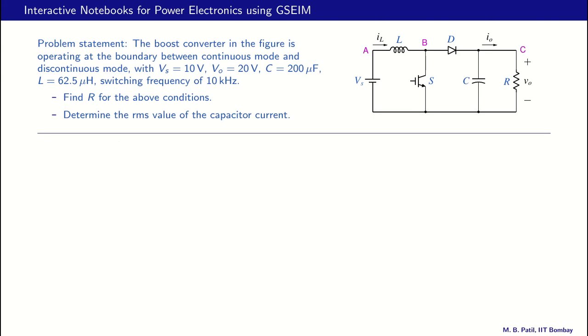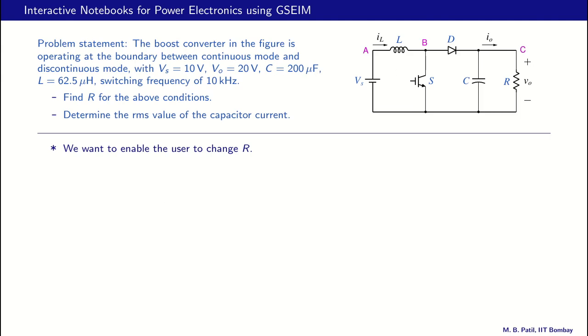And then the user will check whether the output voltage is indeed 20 volts. If not, then obviously there is some mistake in the calculation of R, and then the user would go back and calculate it again and enter the revised value in the notebook. That is basically the idea.